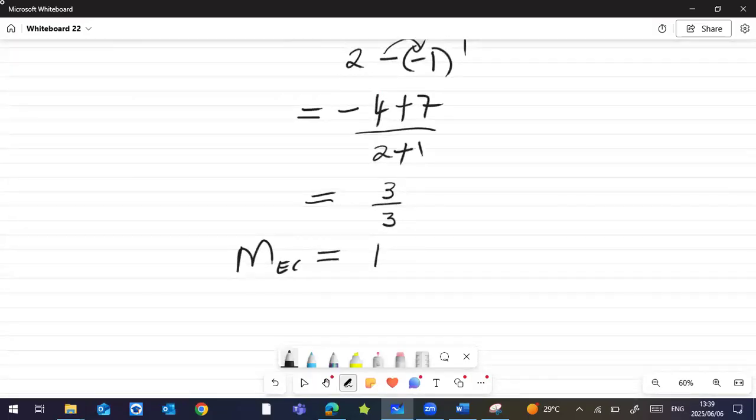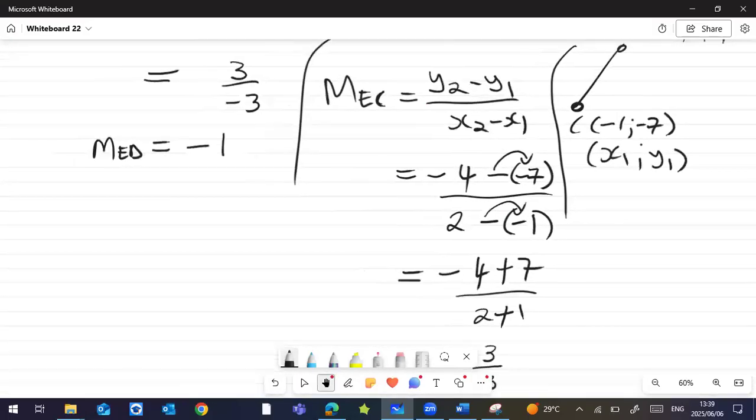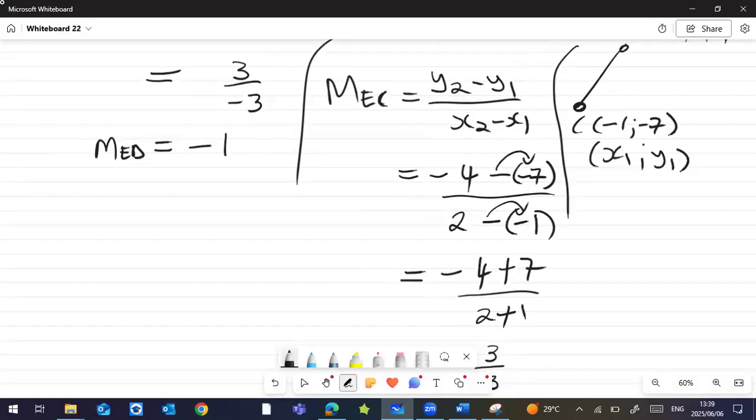Now we found the gradient of line EC and we found the gradient of line ED. Then what is the next question they are asking? Let's go back to our paper.